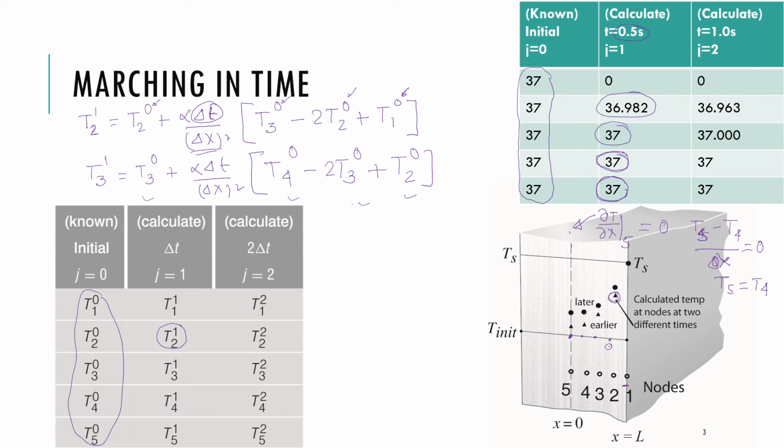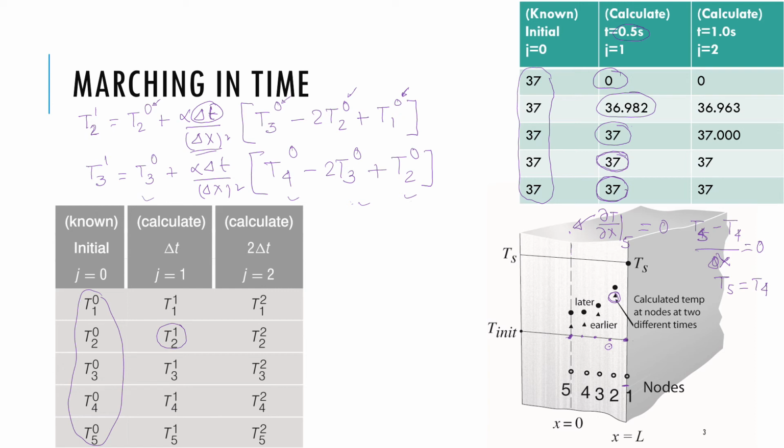So notice how we got this point. This was using boundary condition, and the same way here, this value is set as boundary condition. So these two are given, and then we calculated the one in between.